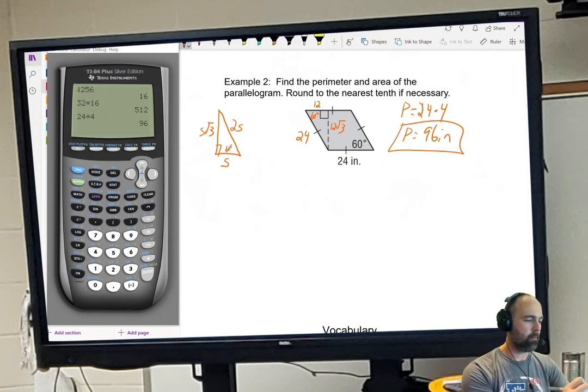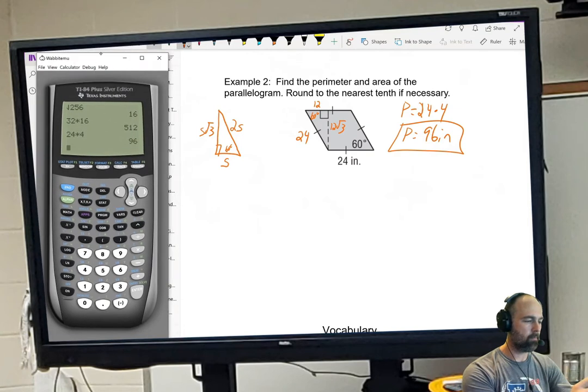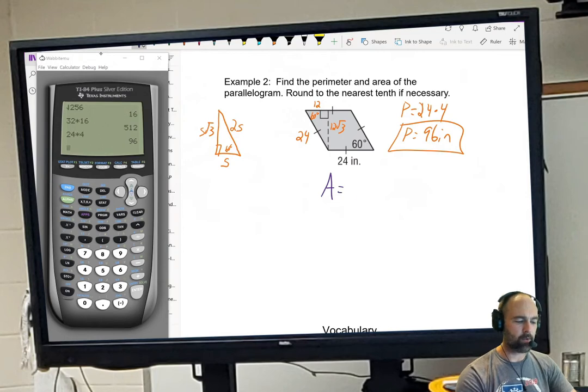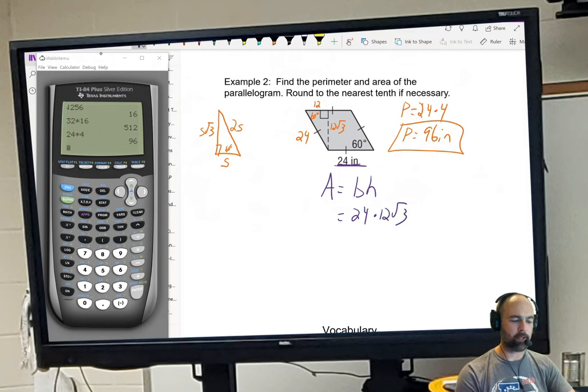Now, for my area, it is going to be base times height. Base is 24 inches. That's my one across the bottom. My height is 12 square root 3.